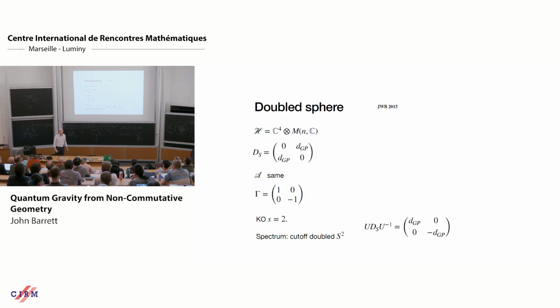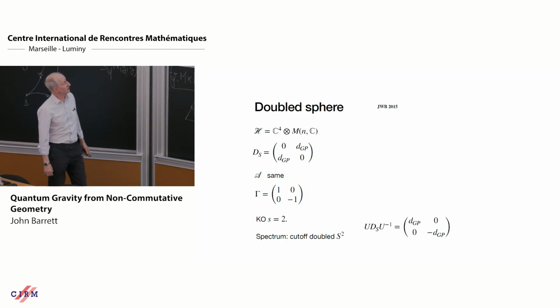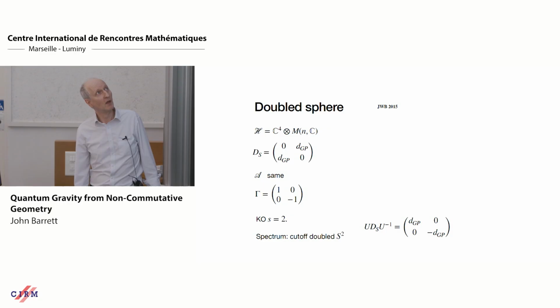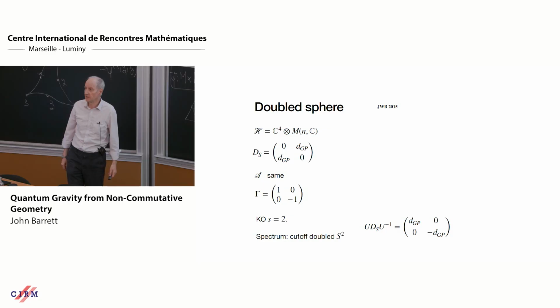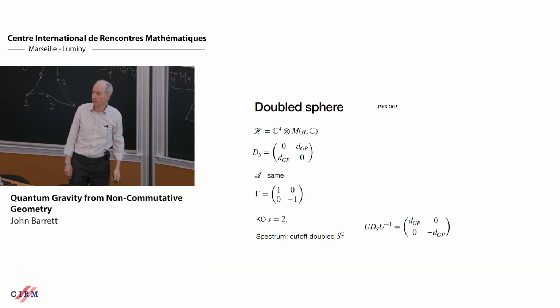So now the first attempt, perhaps a bit naive, to remedy this was the doubled sphere. So now I double the size of the spinors. I have C4 spinors. And you just simply take, as a new Dirac operator, the sphere Dirac operator, a block 2 by 2, using the old Dirac thing that I had before.